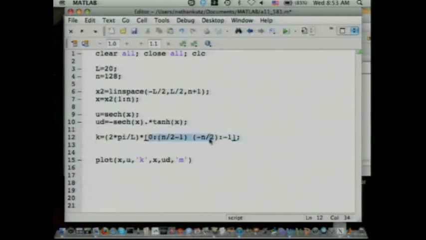These integers are the wave numbers, like your cosine 0x, cosine 1x, cosine 2x. But I have to shift them. Normally this would be over here, that would be over there, but since I shifted, I've accounted for the shift. By building it this way, I've set up everything already to be in the shifted frame.